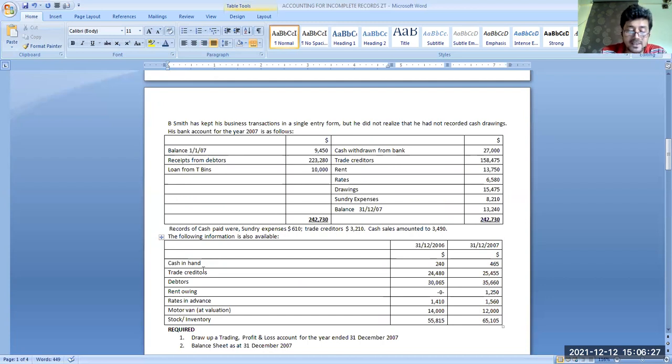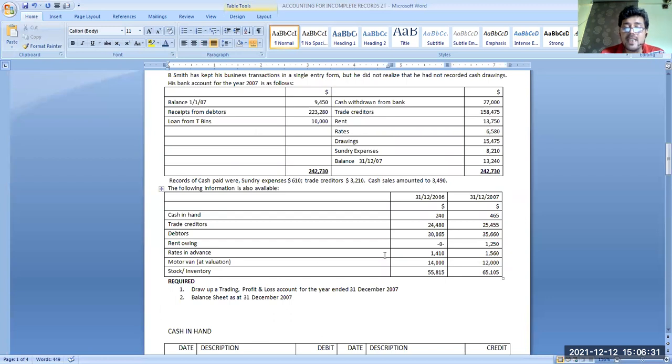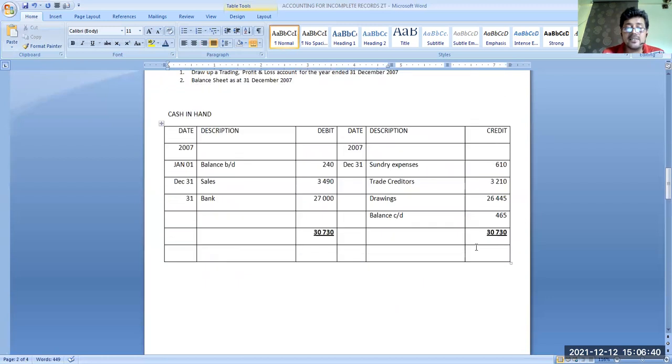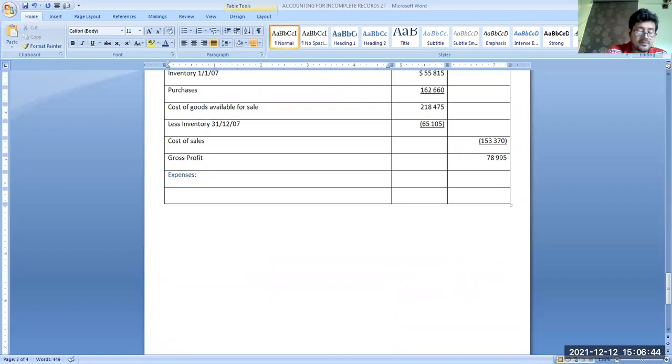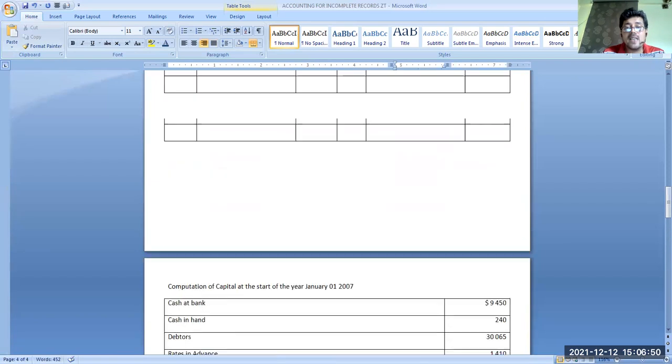We paid 13,750 during the year, and rent accrued at the end of the year is 1,250. So accrued rent at the end of the year is going to be added, 1,250, and we'll get rent here, 15,000.